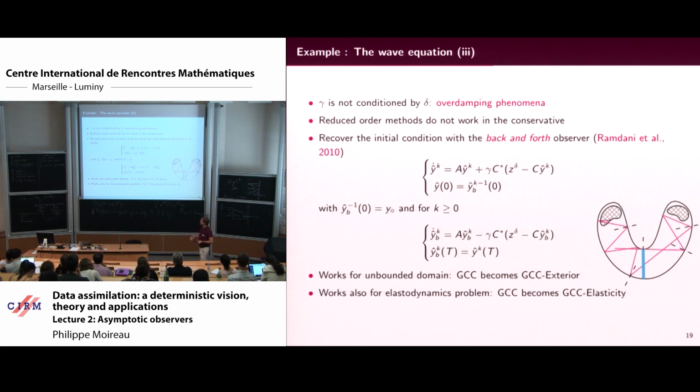It supports the information, and basically you prove that this information enters the control zone so that the system is observable, okay? How it works for the elasticity situation, it's the same, but in elasticity, you don't have only one optical ray, you have S ray and P ray, which mean pressure waves and shear waves for elasticity.